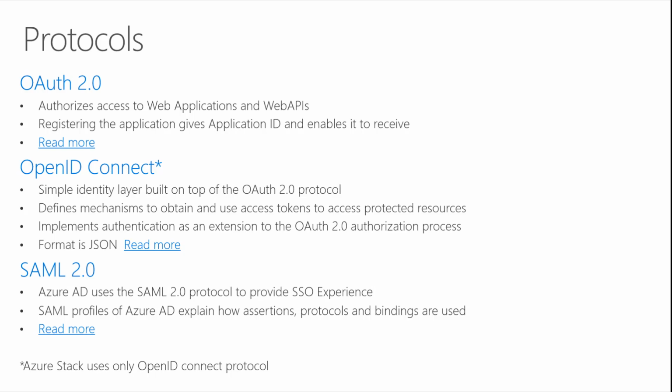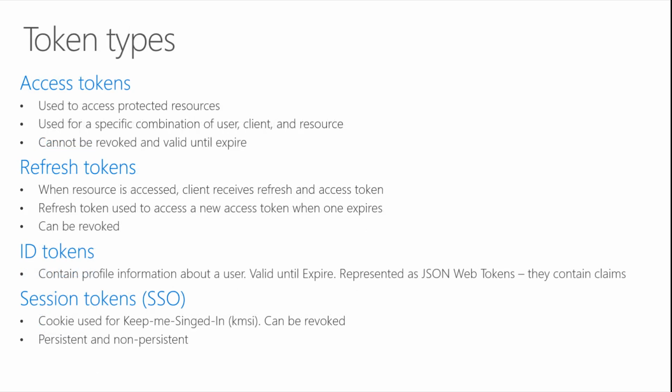Just real quickly, we have OAuth 2.0, which authorizes access to web applications. We have OpenID Connect, which is a simple identity layer. And you notice from the asterisk to that, Azure Stack only uses OpenID Connect protocol. So that's something you need to be aware of in your application design and support.